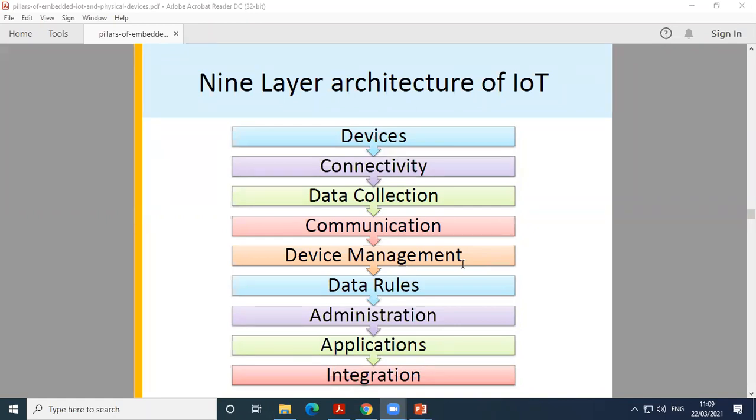And the sensors and actuators, the smart objects or local sensors in the networks, are at the device layer, or what we can say the sensor layer. So these are the 9 layers.